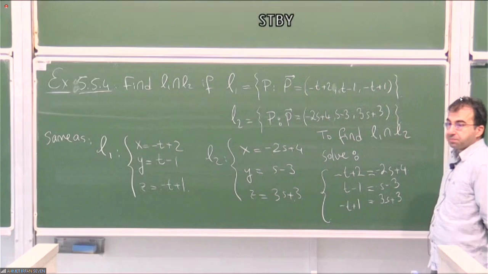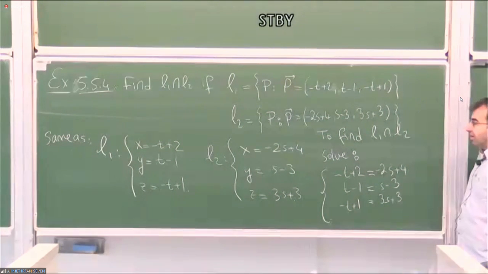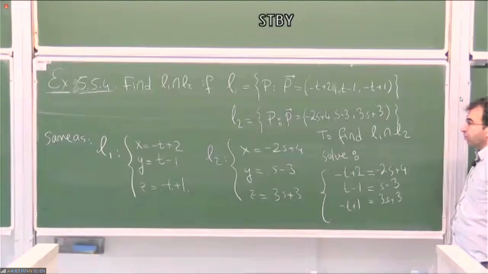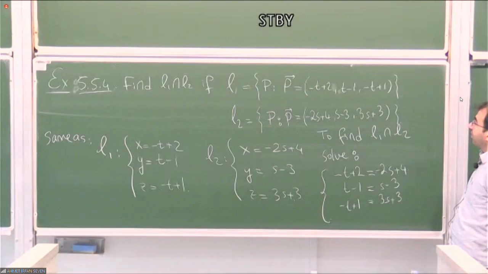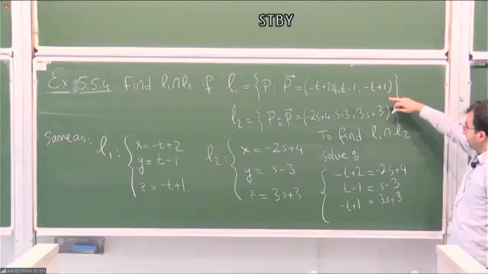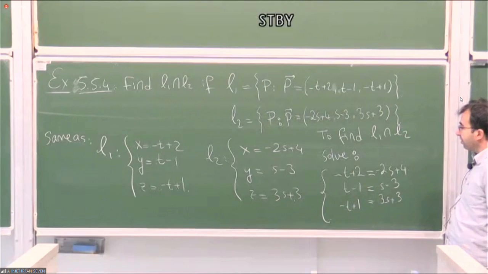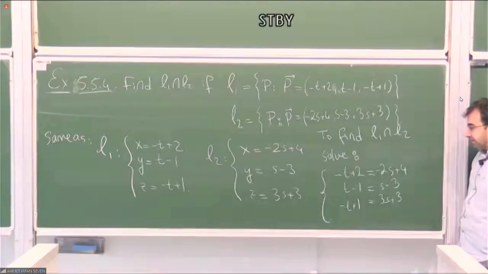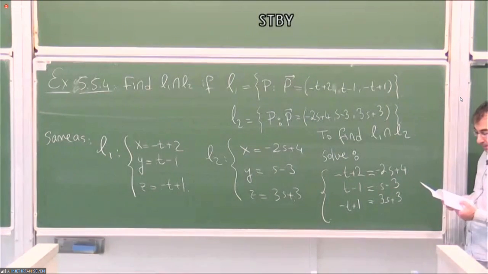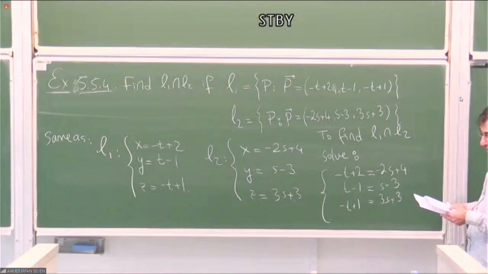So this means that this intersection point will occur when t and s satisfy these two equations.